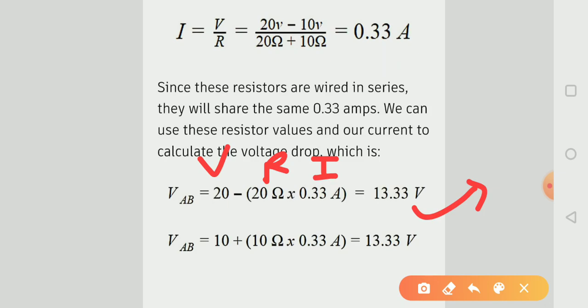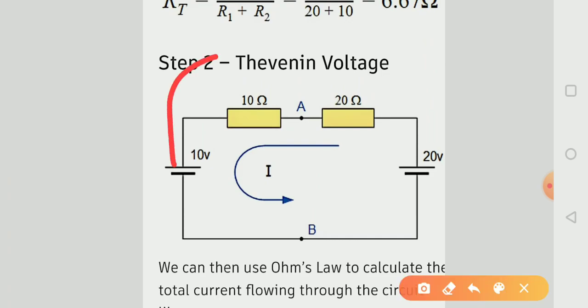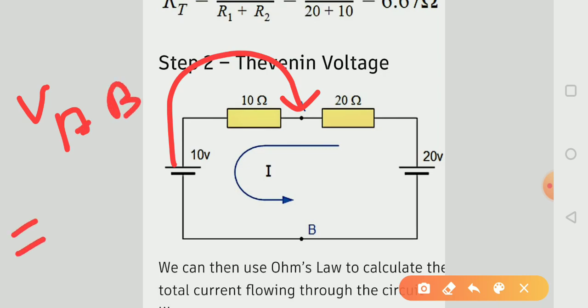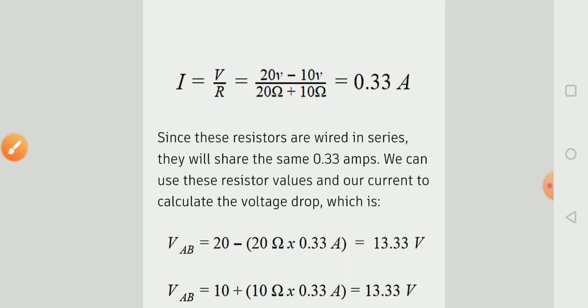And same, if we apply this formula for this terminal A, we have to calculate VAB voltage. Here the source voltage is 10 volt, so we assign polarity positive, negative. So if we take this terminal, then 10 plus 10 into current, 0.33 ampere.